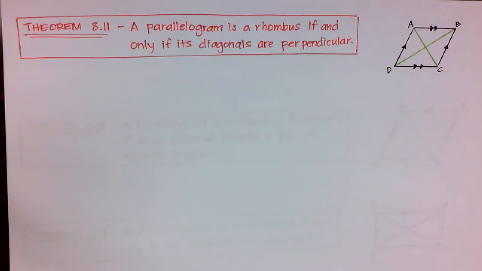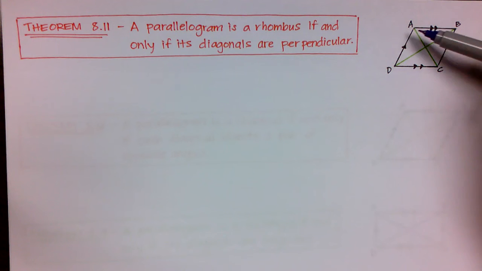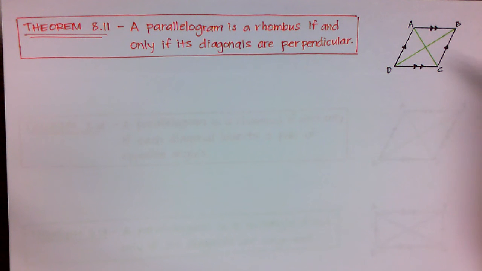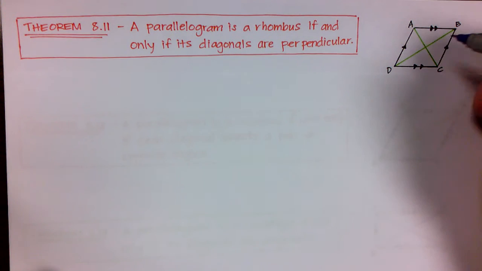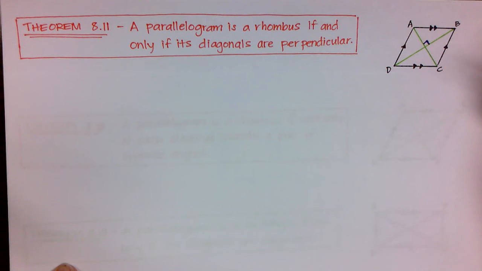So first theorem is Theorem 8.11, and it says, a parallelogram is a rhombus if and only if its diagonals are perpendicular. So we're already told that it's a parallelogram, and we're shown that by the arrows again, shown that AD and BC are parallel, but also AB and DC are parallel. But we're told it's a rhombus only if we can show that the diagonals are perpendicular, meaning that they meet at 90 degrees.